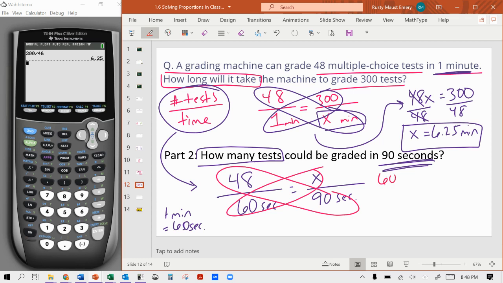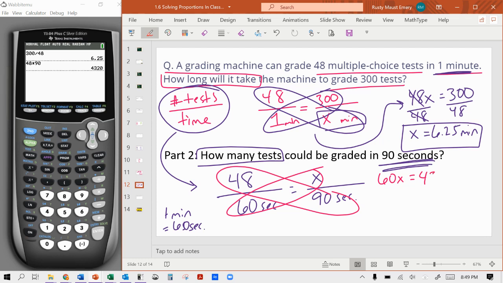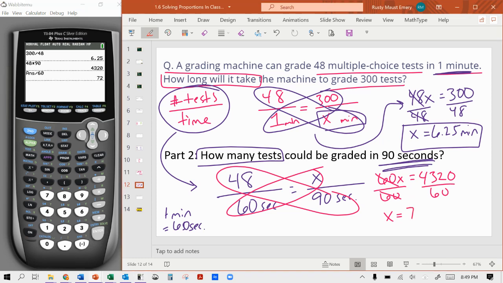So we end up with 60x equals, once again, bust out your calculator if you need to, 48 times 90, 4,320, divide, we get x equals 72, oh, I forgot, it's x tests. Okay, 72 tests in 90 seconds.